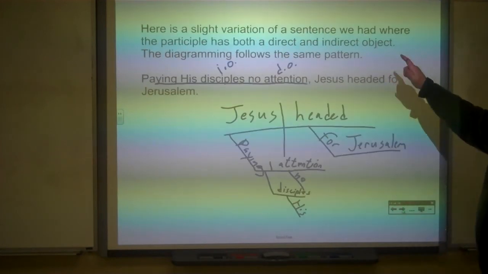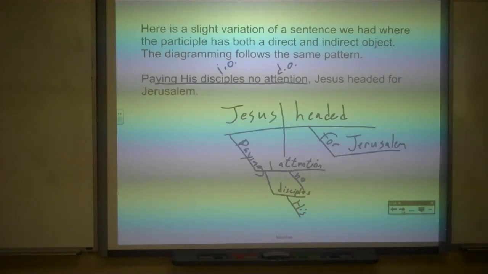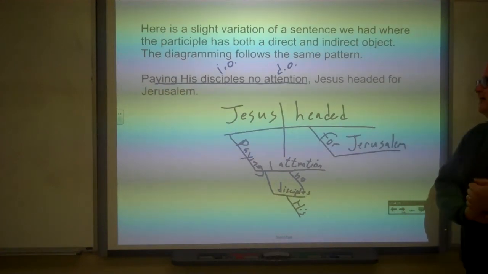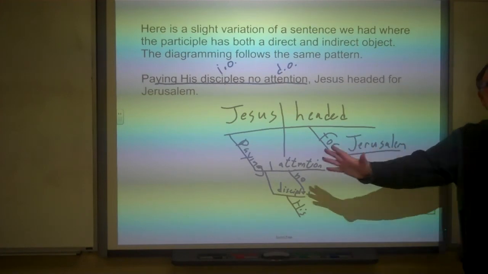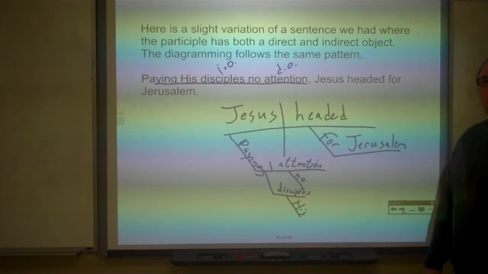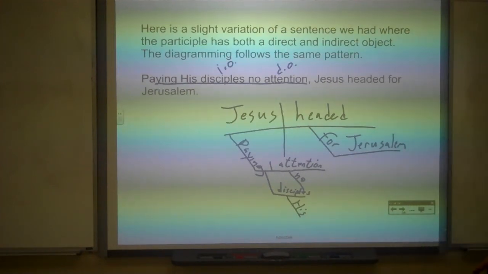Okay. Here's a slight variation of the sentence. And in this case, the participle has both a direct object and an indirect object. But again, indirect objects are diagrammed the same way they would be with a verb. So if we said, "Paying his disciples no attention, Jesus headed for Jerusalem."